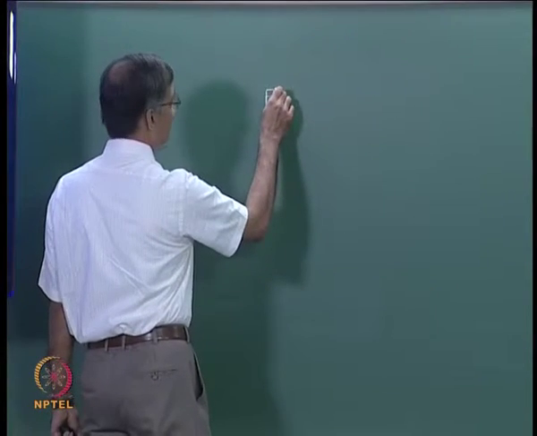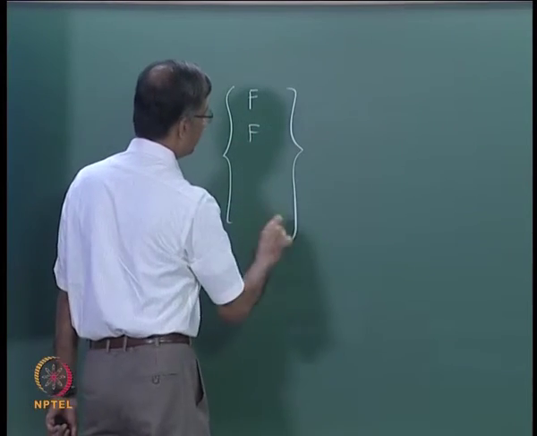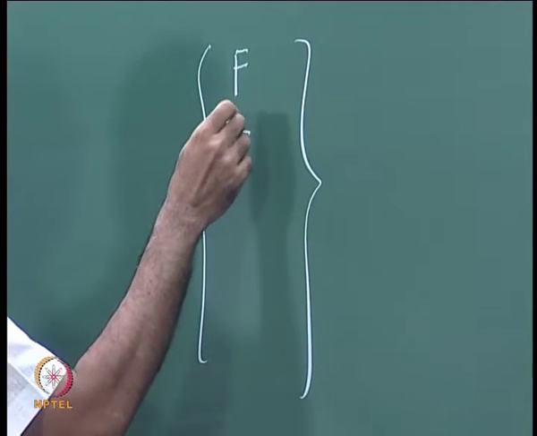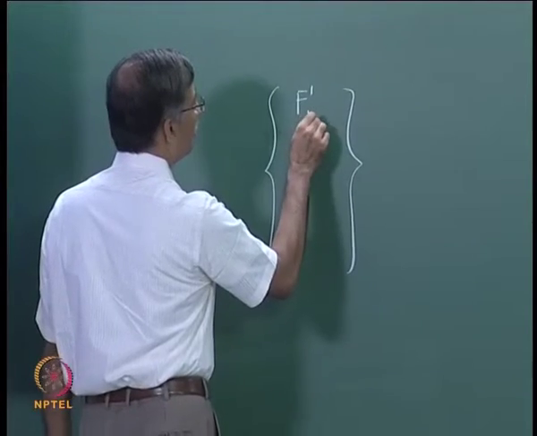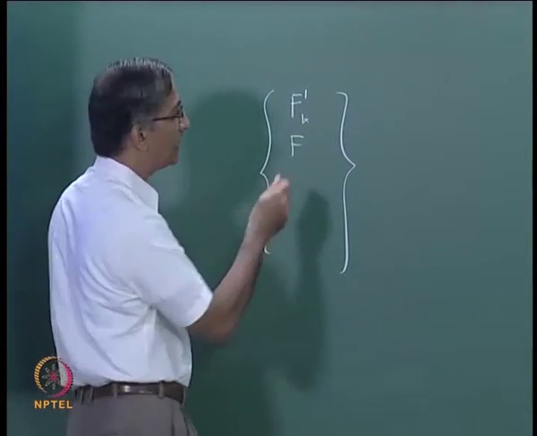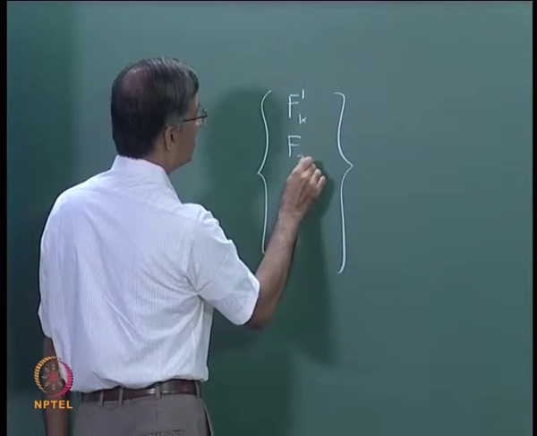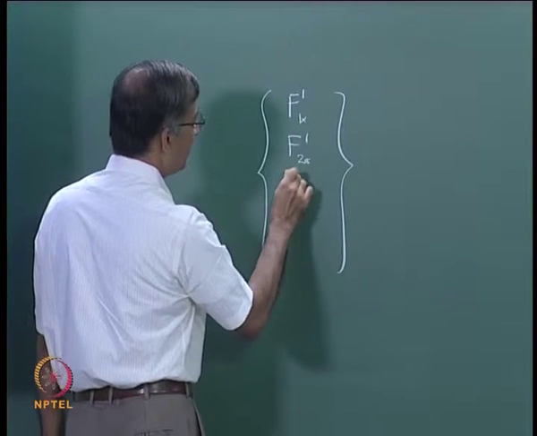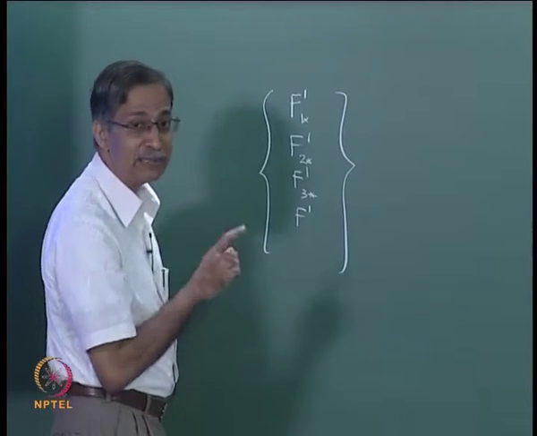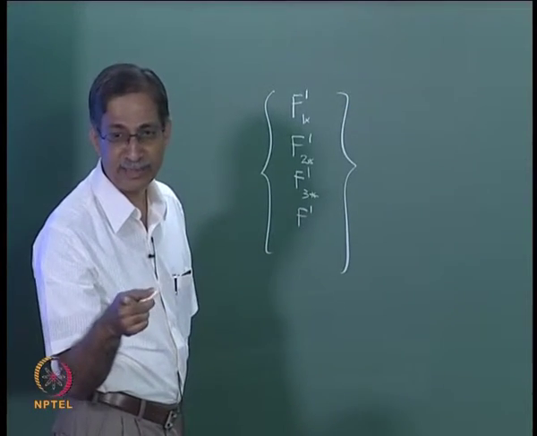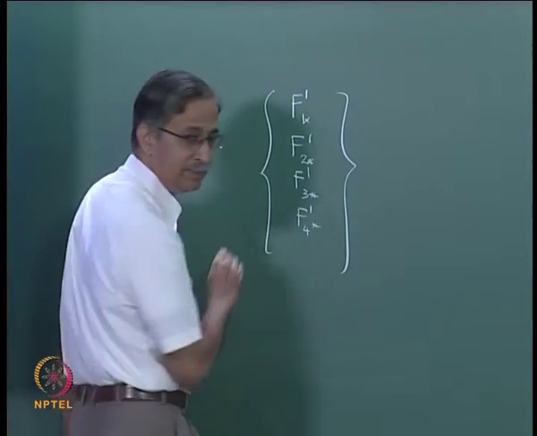So I have the first element, F1 star, 2 star, 3 star. By now you know that the truss element has 4 degrees of freedom, we worked out the stiffness matrix in the last class, right. So this is F4 star, got it.